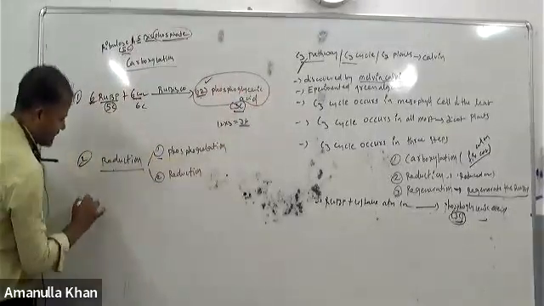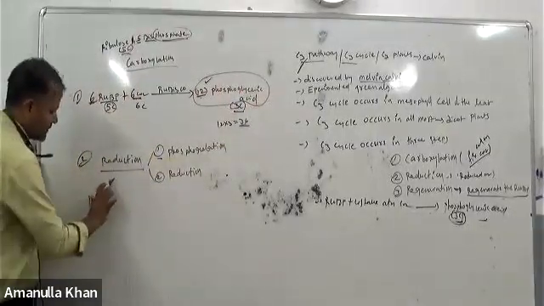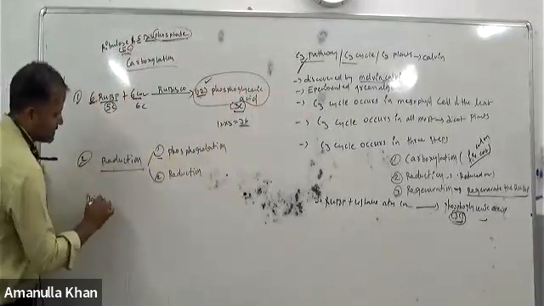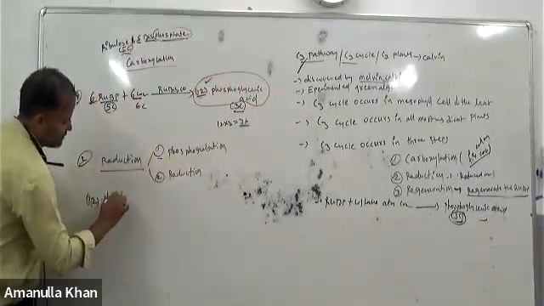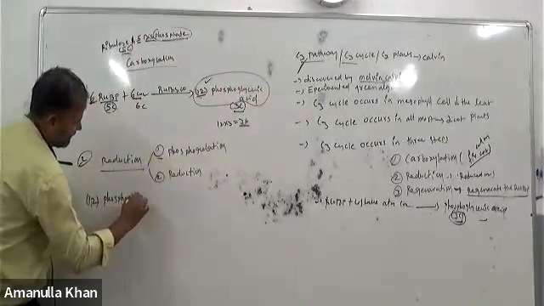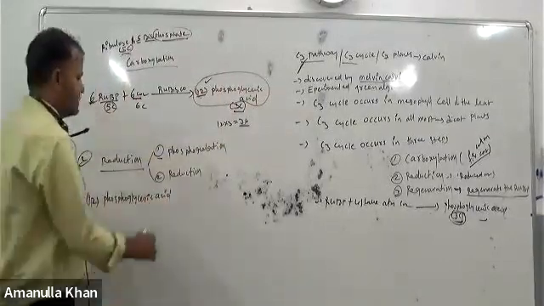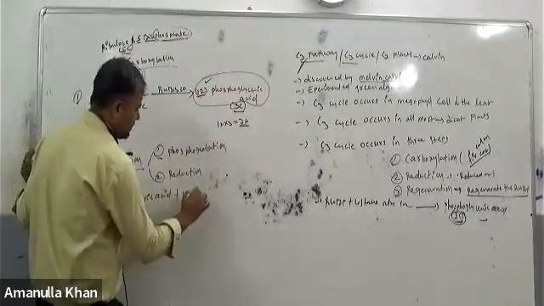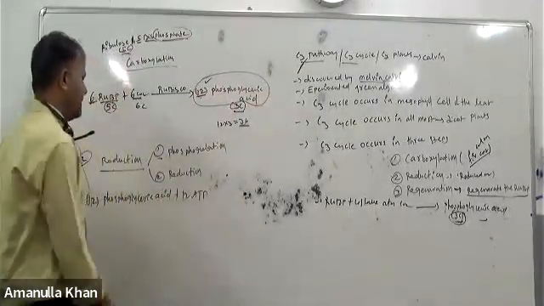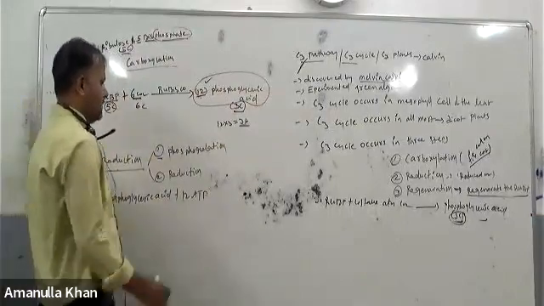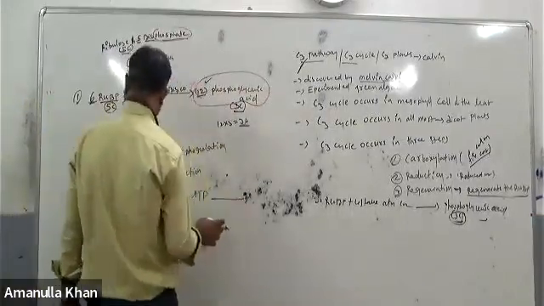So we take the 12 molecules of phosphoglyceric acid, and it utilizes 12 molecules of ATP in the presence of phosphoglycerokinase.